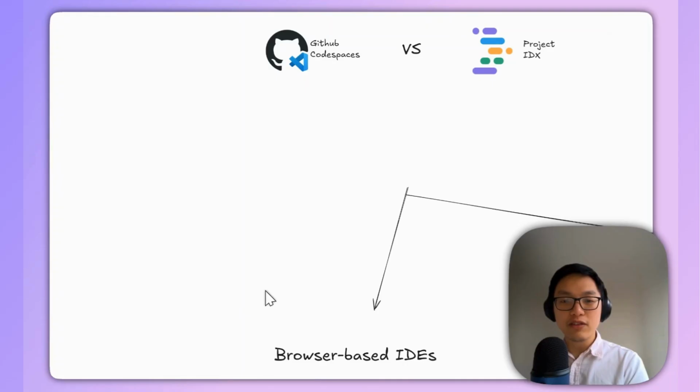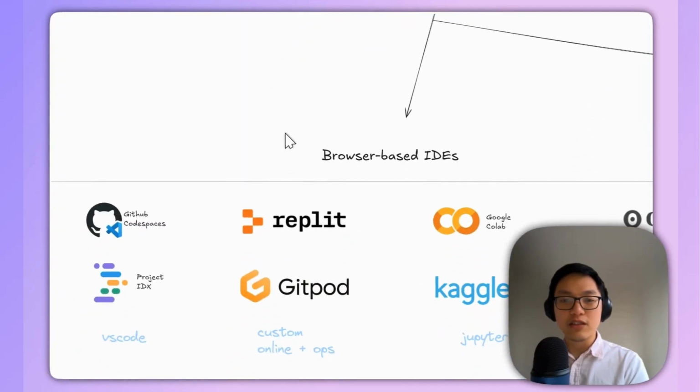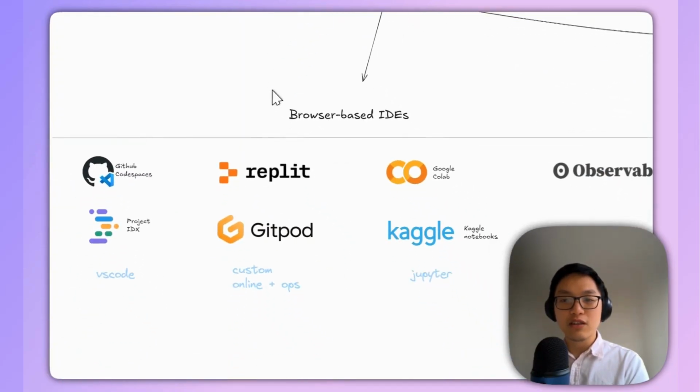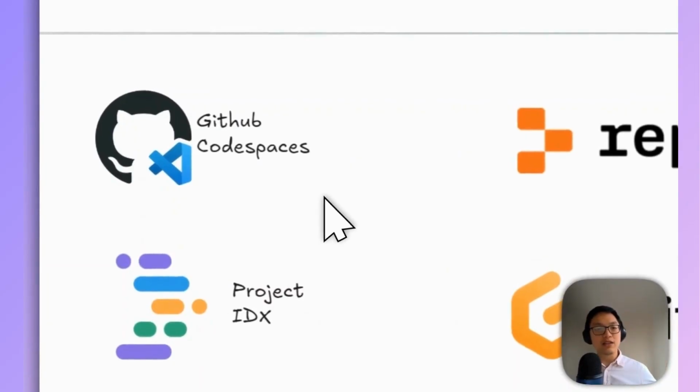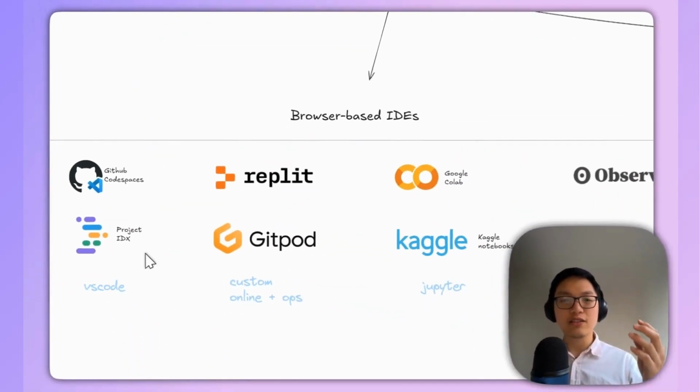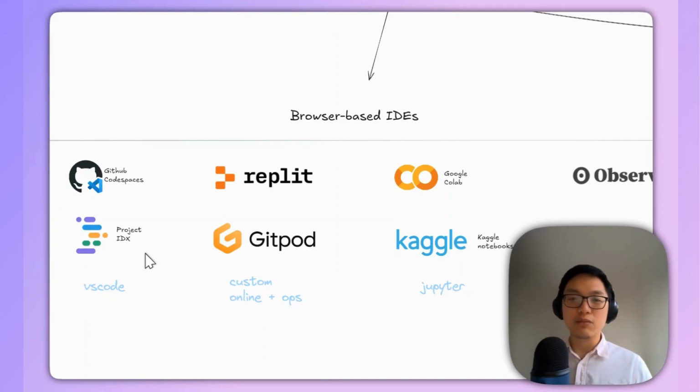So I just wanted to give a view of the current space that we are in. Just quickly here. So we have on the most left hand side GitHub Codespaces and Project IDX. Then these are VS Code based forks that you can use on the browsers. In fact, all of these are browser based places where you can develop code.